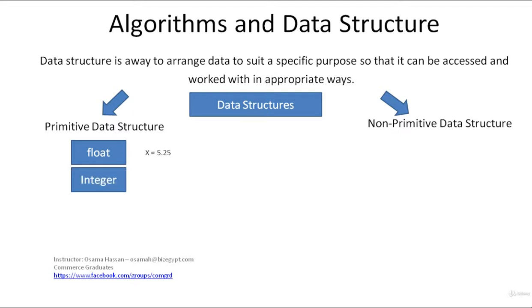The second type of the primitive data structure is integers, which correspond to the numbers without fractions, such as x equal 5. The third type of primitive data structure is strings, considered to be a couple of characters assigned to a variable.